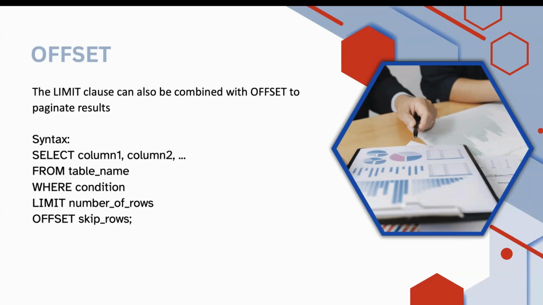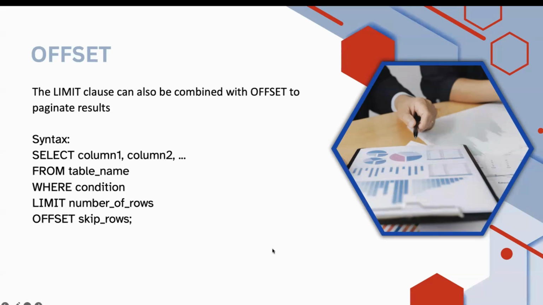For example, if I say limit 3 and offset 3, it shows only 3 rows. It skips the first 3 rows and starts from the 4th, 5th, 6th. So let me show you practically.